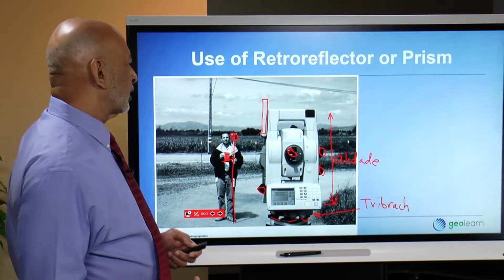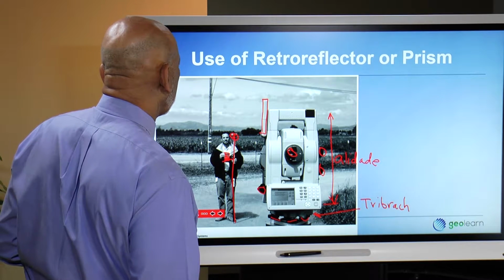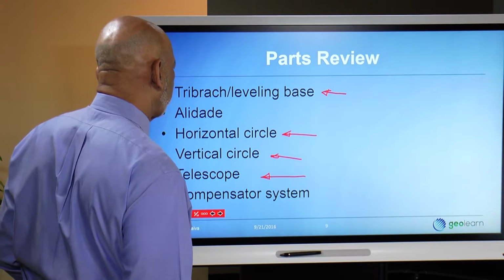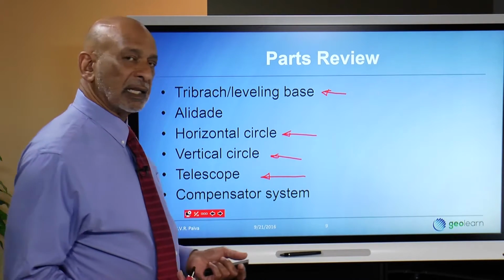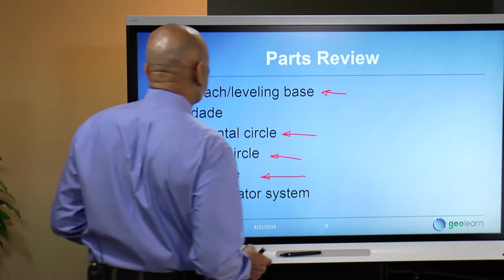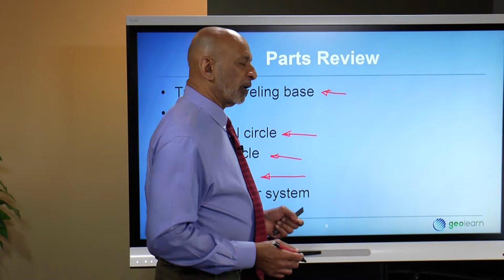So today, of course, that's done electronically, and that system is called a tilt compensator. It used to be called a vertical angle compensator because it only helped you measure vertical angles accurately.